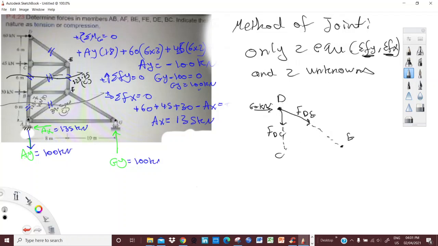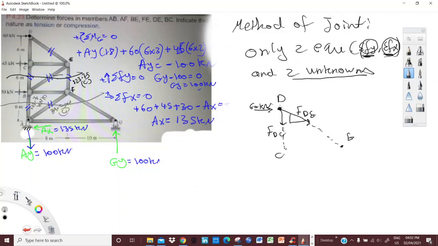We assume the joint forces are tension as we did in the method of sections, but the difference is we have only two unknowns, FDE and FDC, whereas in the method of sections we have three unknowns. In the method of joints we can only solve it using summation of Fx and summation of Fy.